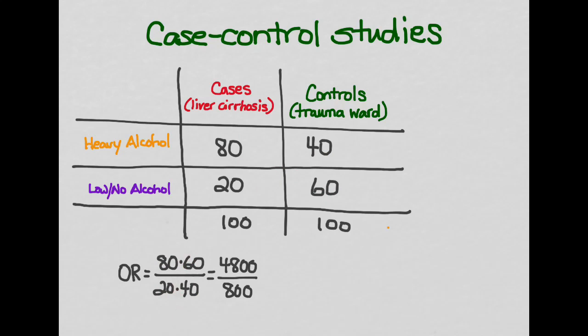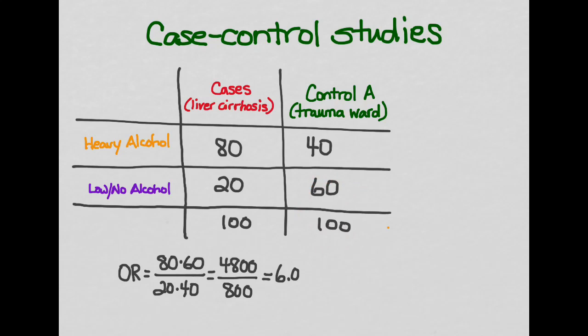That's just the formula for calculating the odds ratio, which is 4,800 divided by 800, which equals 6. So the question here is whether our control group was representative. We have an odds ratio of 6, meaning that the odds of heavy alcohol use are 6 times higher in the case group than they are in the control group.